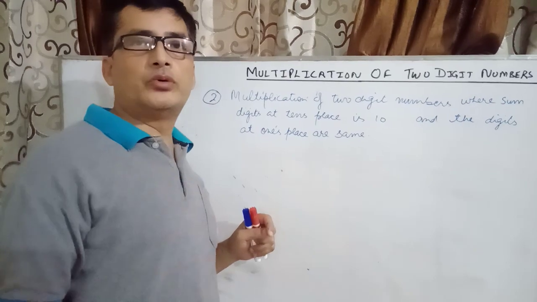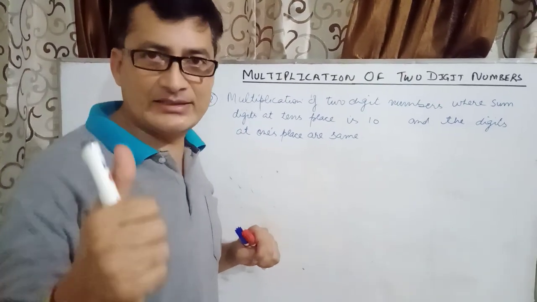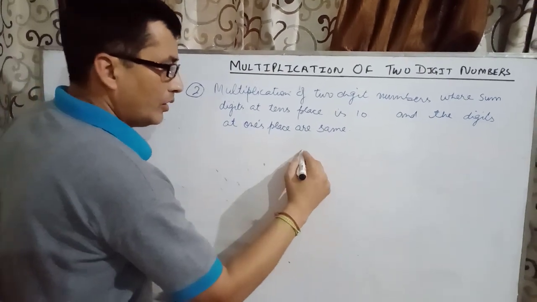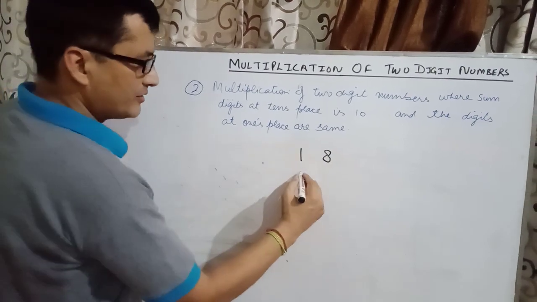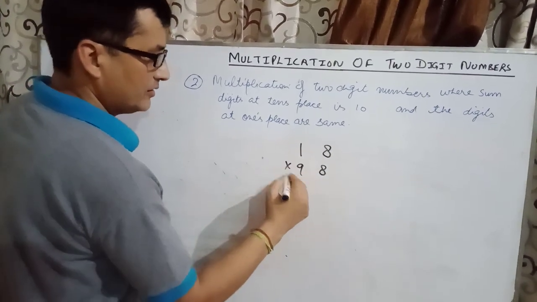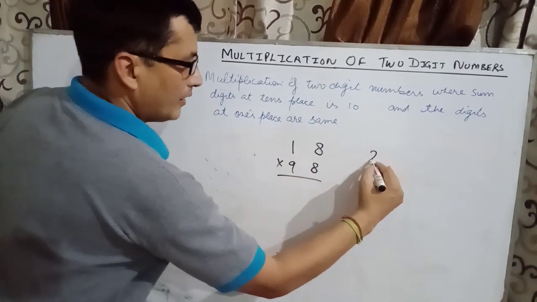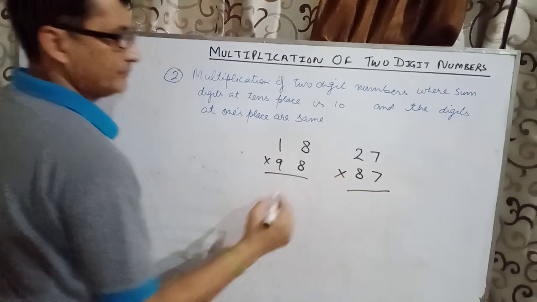Now I'll give you 3 questions. You have to solve them within 10 seconds. So here are the questions. 18 into 98. Then 27 into 87.